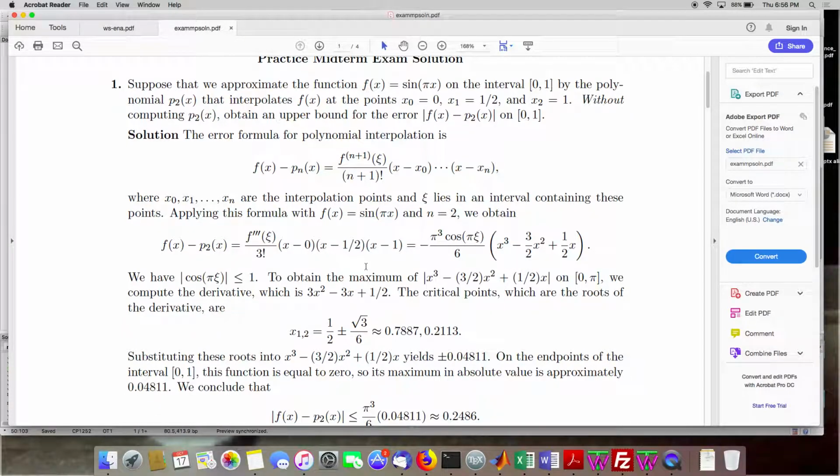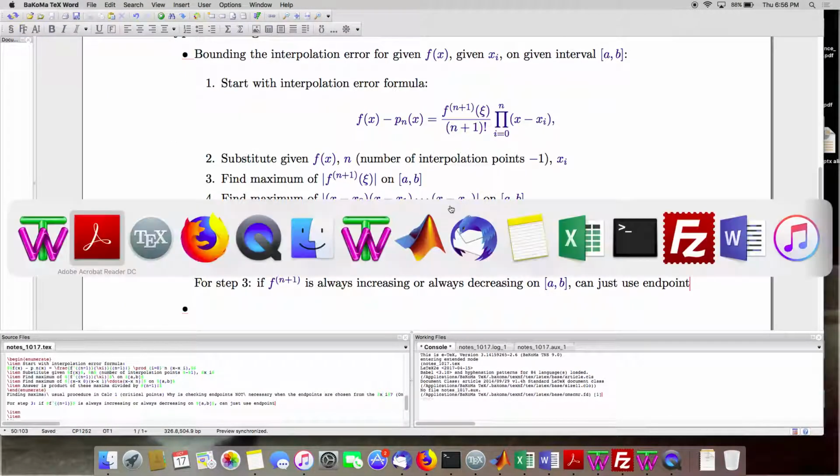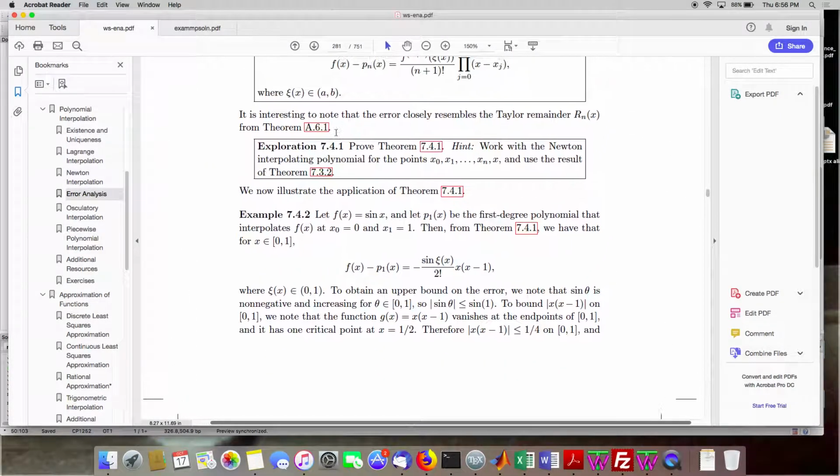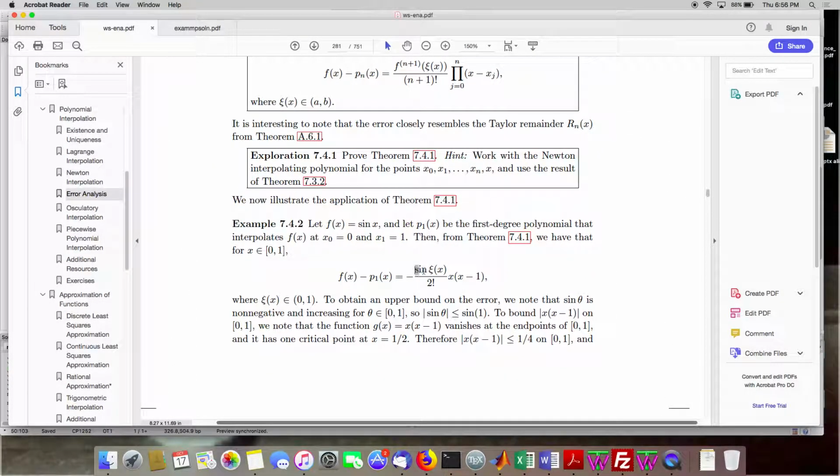Here's something that I would accept. Actually, the example is a better one to look at. Having to bound this, we're on the interval 0 to 1, so we end up with this.